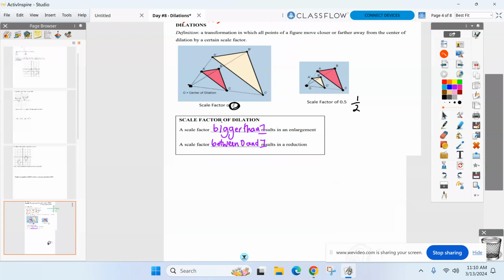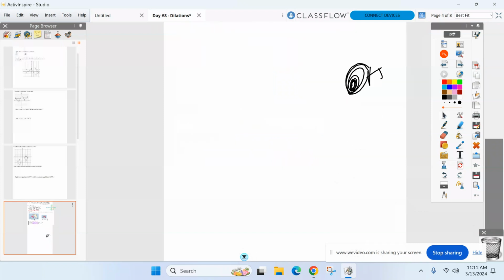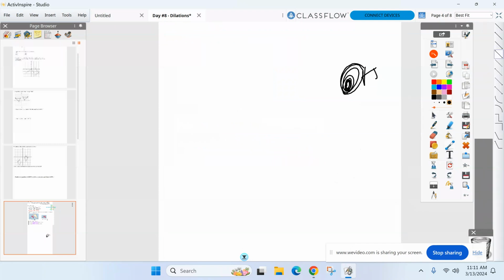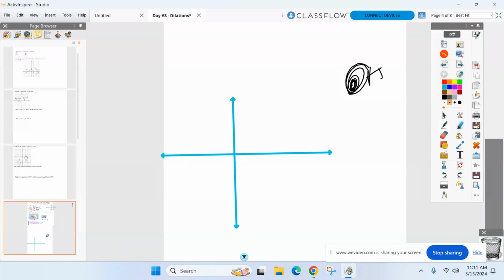All right, questions, because we're about to dilate our own points. Why can't you have a negative? You can. Great question. If nobody was going to bring it up, I was going to skip it, but since we're in honors math, let me just show you what happens. Let's say I dilate around the origin, and here's point A. And my scale factor is -2.